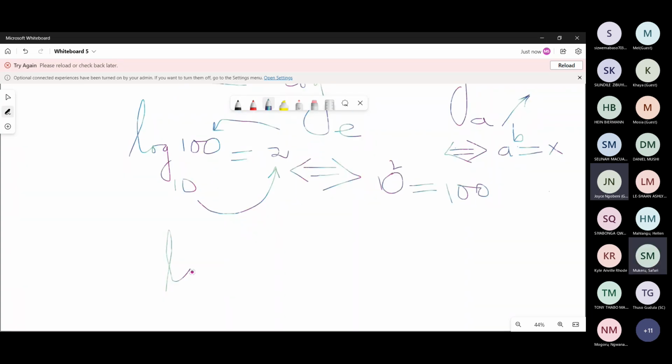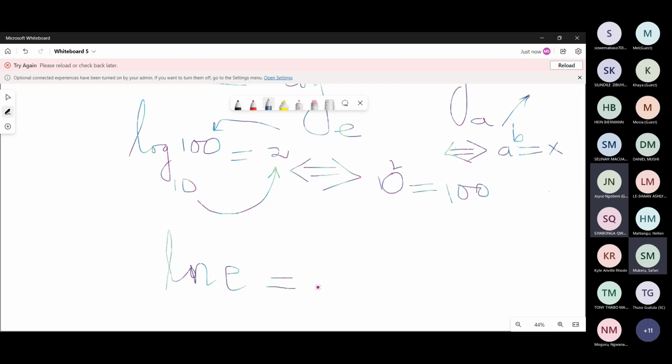What is the ln of e? This number e, the base. It's 1.